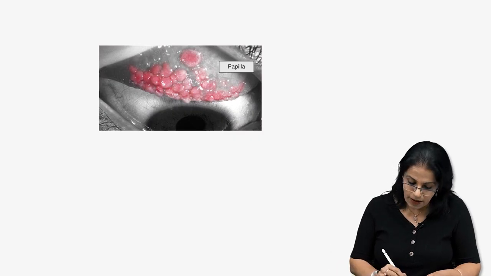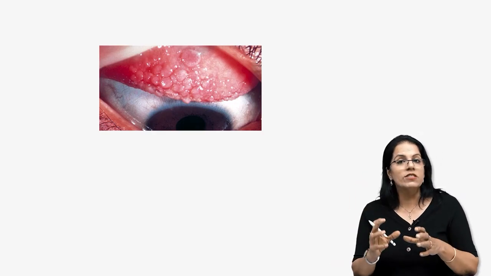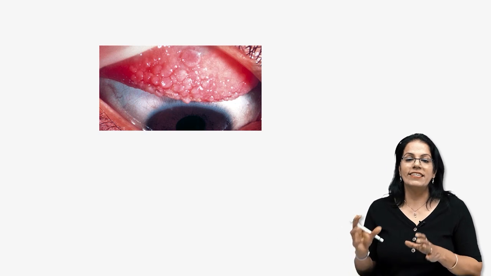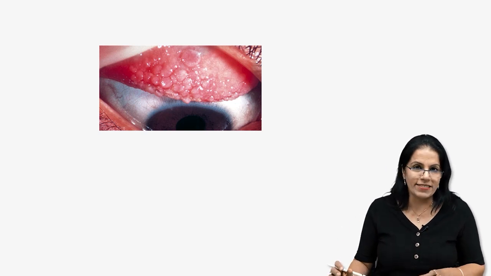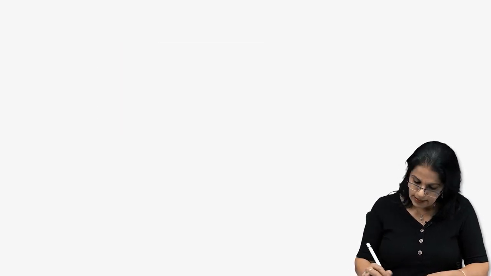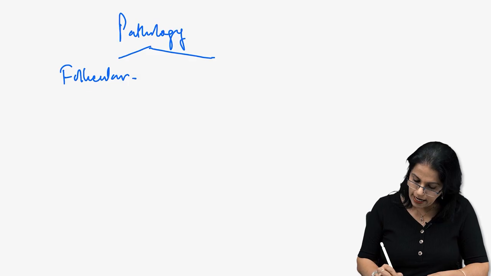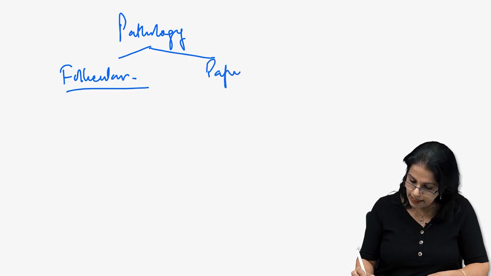So, this is a papillary reaction. Pathologically, whenever there is any conjunctivitis, there are two types of reaction. One is follicular reaction, which we just learnt, and another is papillary reaction.